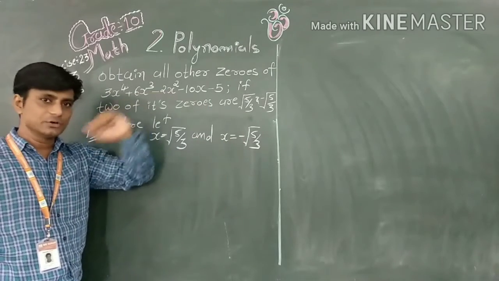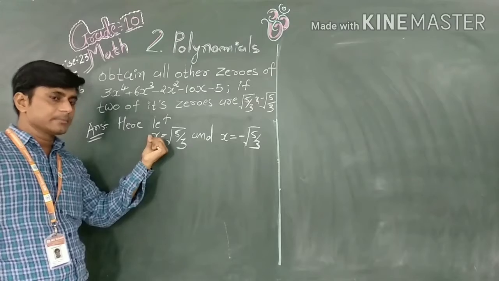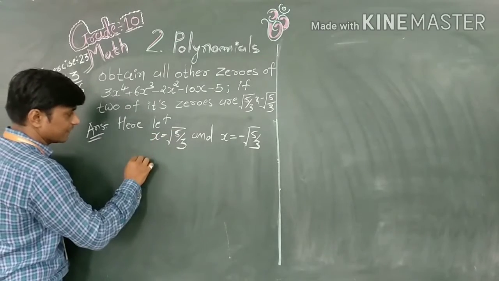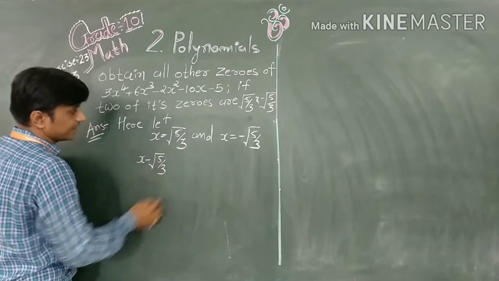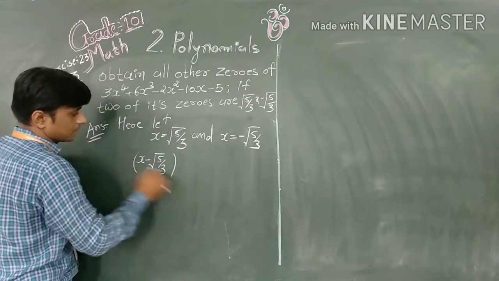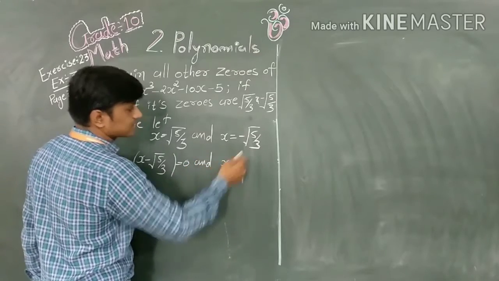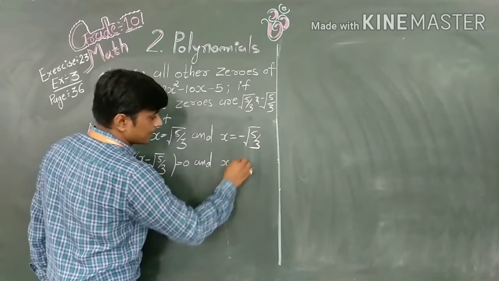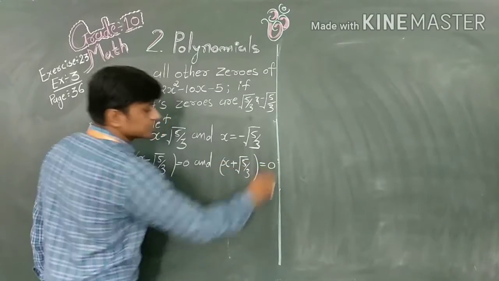Both are zeros. Now if we transfer this term to the left side, it becomes negative. Therefore x minus under root 5 upon 3 is equal to 0, and x plus under root 5 upon 3 is equal to 0.